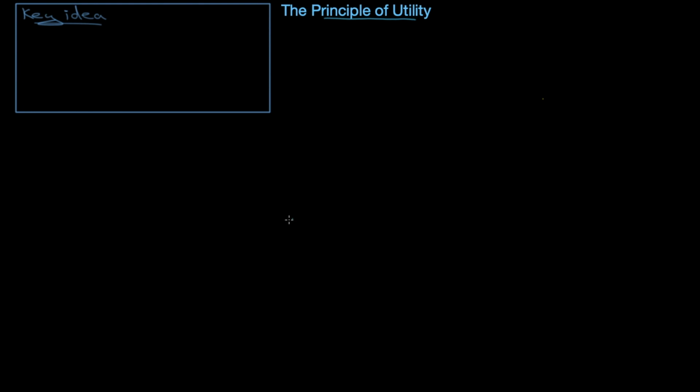Okay, so today we're going to look at the principle of utility, which is the central, fundamental working point of utilitarianism. Now, the key idea with the principle of utility is that every action, every thing you perform, should aim to produce the most amount of happiness possible.